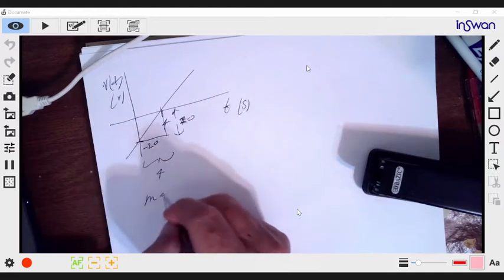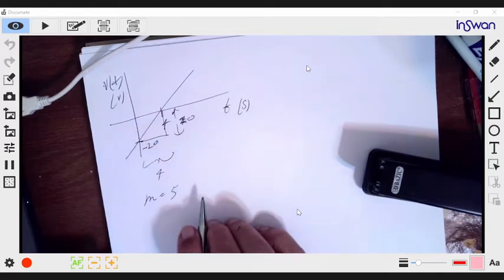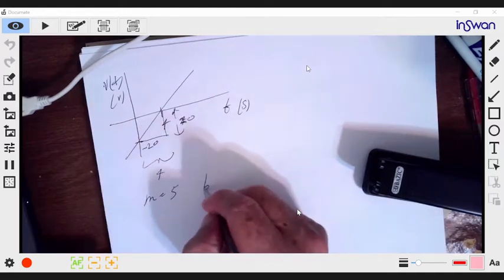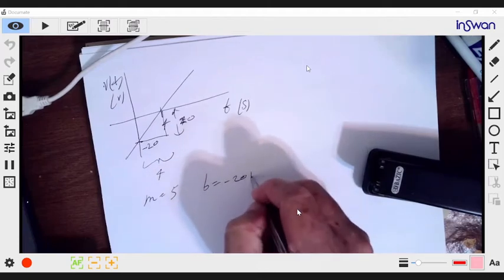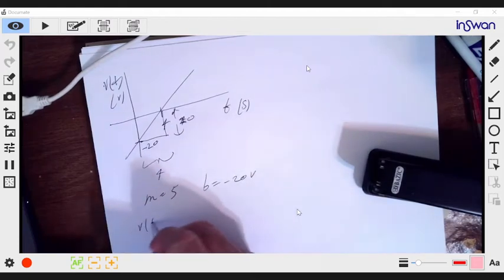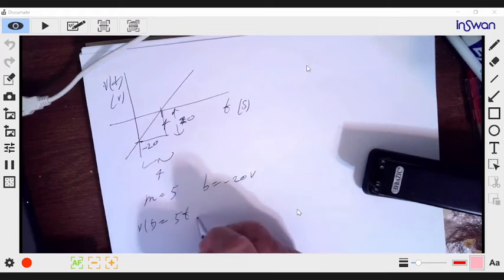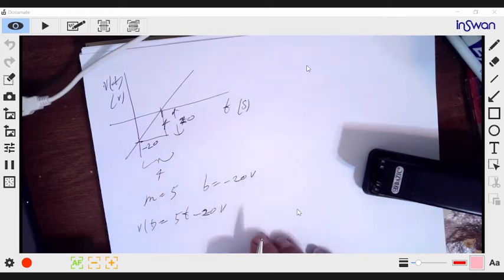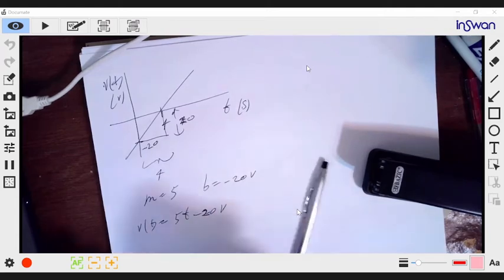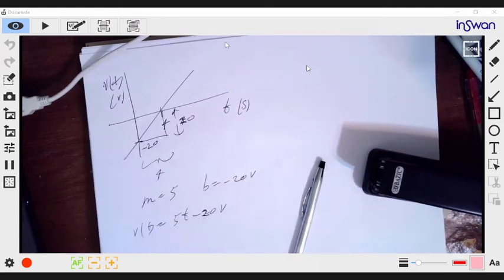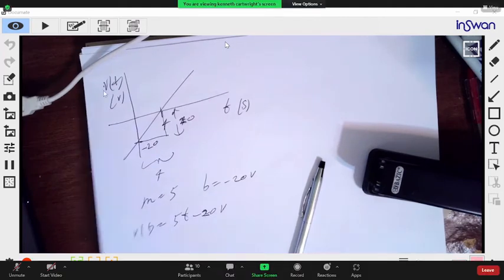So m is 5. The intercept is negative 20 volts. So v of t equals 5t minus 20 volts. Any questions about that? Don't forget the unit, folks.